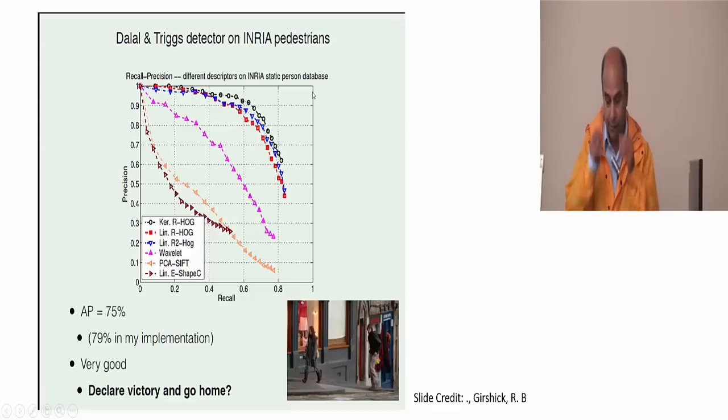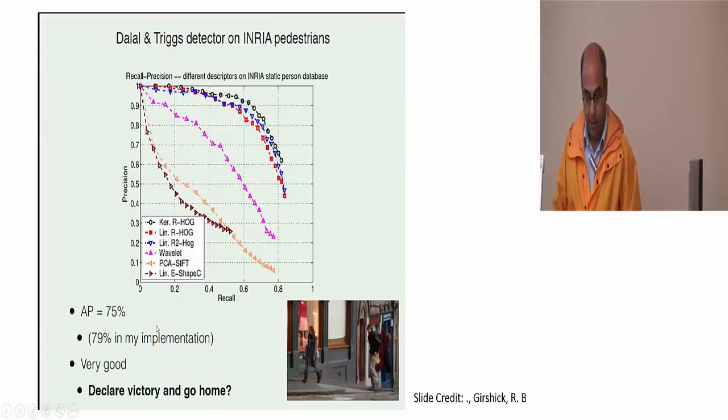And these are different versions of these. You can use the kernel SVM, linear SVM, wavelets, features, PCA-SIFT, and all those things. And this is the best performance. It will give you 75%, and he re-implemented that. It's about 79%, and that is pretty good on the INRIA dataset you used.